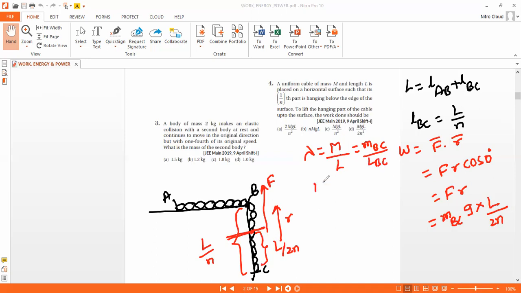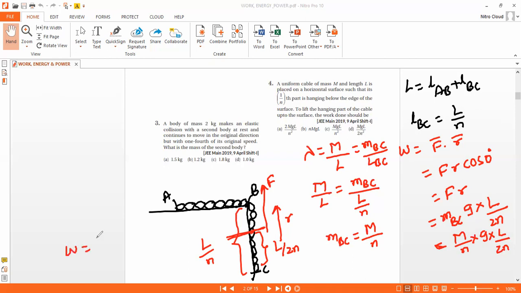So M by L is equal to mass of BC upon length of BC, which is L by N. So mass of BC equals M by N. I can write M by N times g times L by 2N. So the work done is equal to MGL by 2N square, right? That is option D.